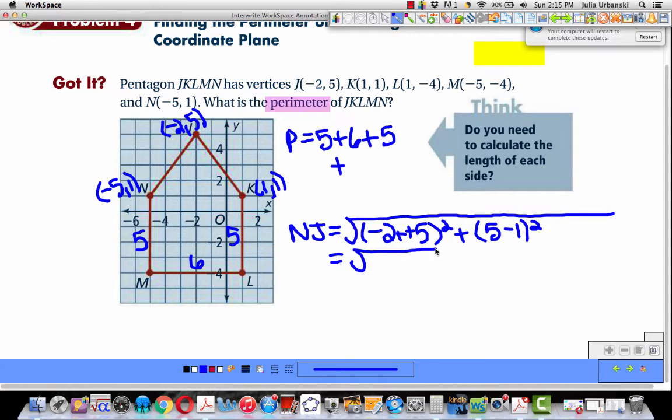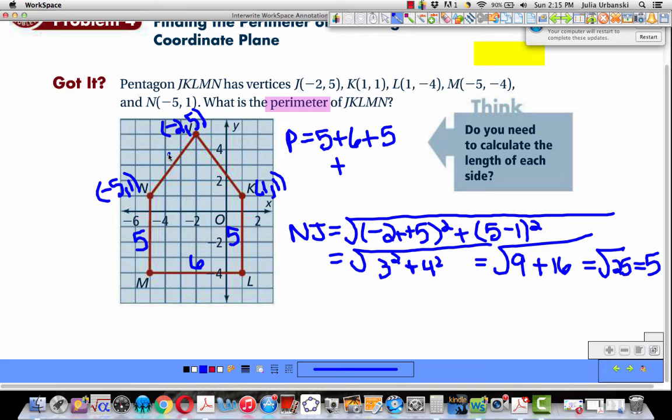We have the square root of -2 plus 5 is 3 squared, plus 5 minus 1 is 4, 4 squared. That's 9 plus 16, which equals 25, the square root of which equals 5. So this side right here is 5.